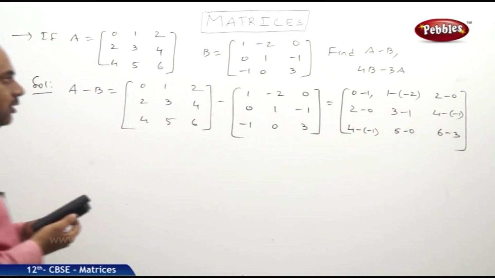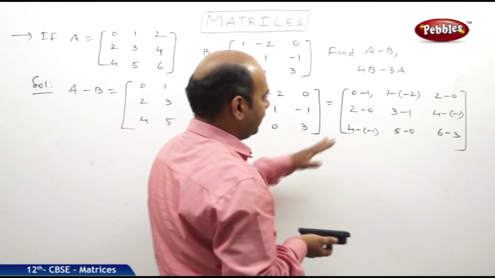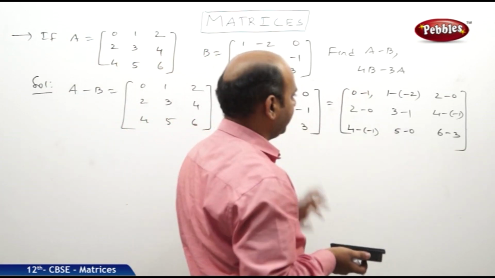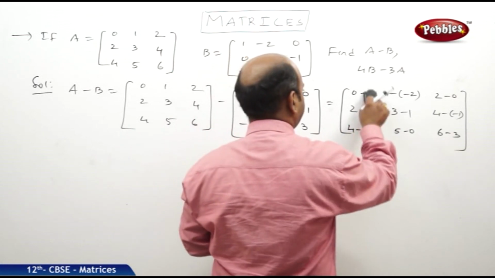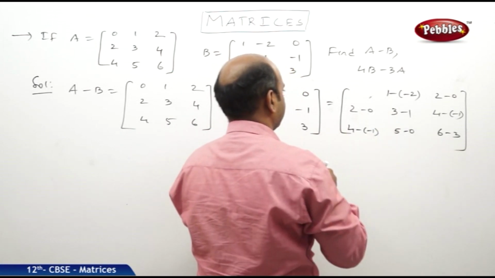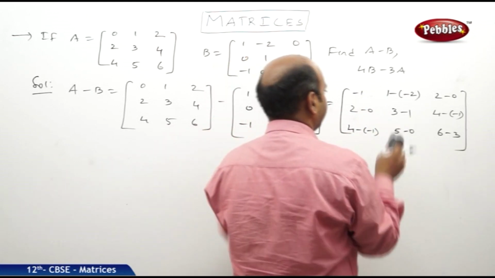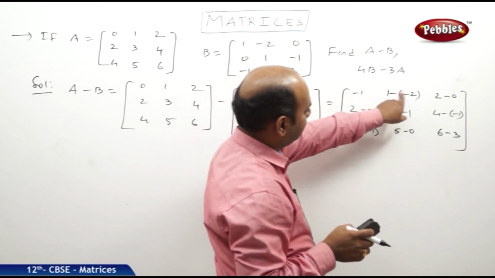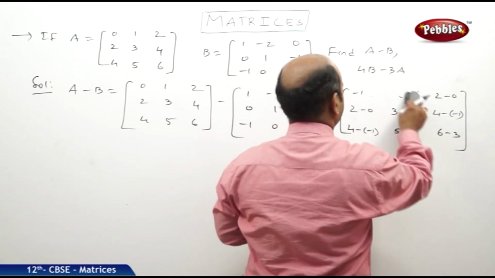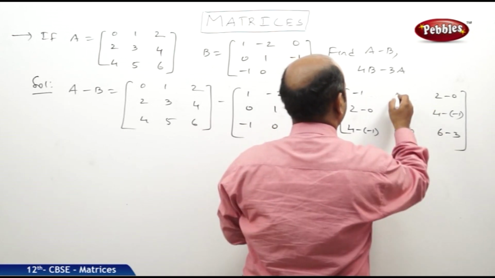Now directly I would like to write here: 0 minus 1 will be what, beta? It will be minus 1. As you are at the basic stage, I am writing elaborately. 1 minus of minus 2, minus minus becomes plus, so this value will be 3.